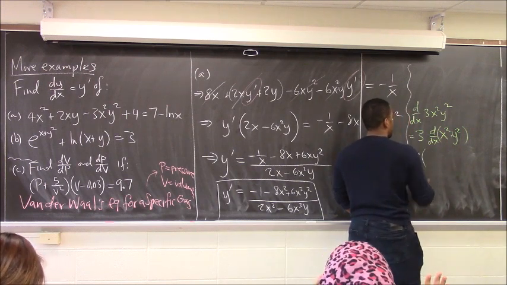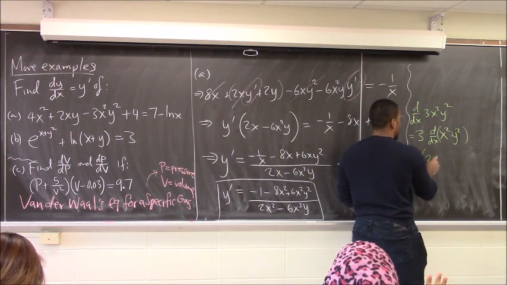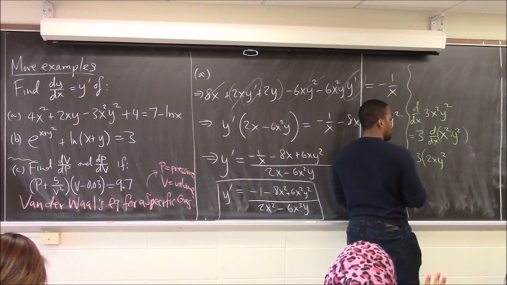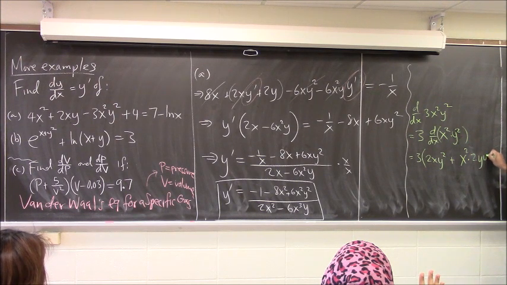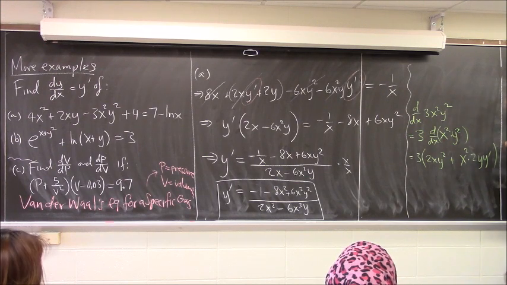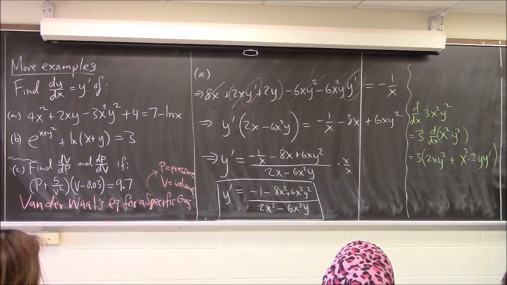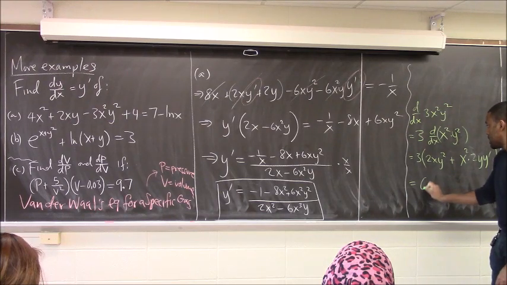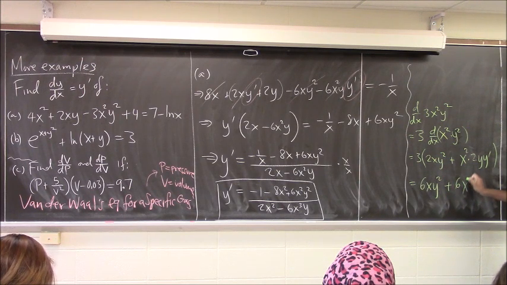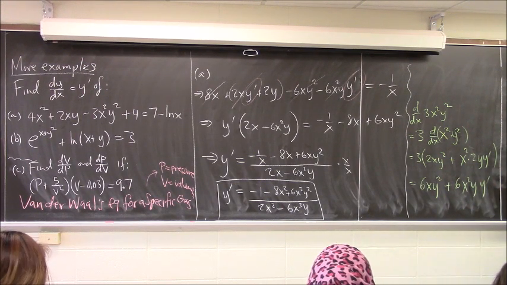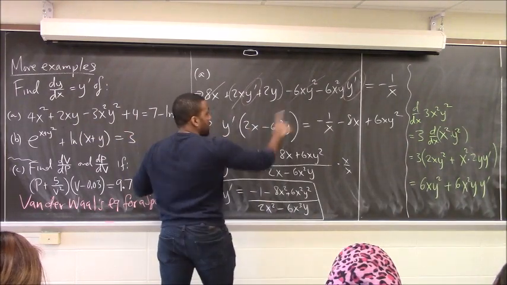So that's 3 times, differentiate this one, leave that one, plus now we leave the first one, differentiate the second one. The derivative of y squared is 2y prime, because remember, y is like a hidden function, like an f of x. So you have to do the chain rule: bring the 2 down, multiply by the derivative of the inside. And so ultimately when you multiply this out, you get 6xy squared plus 6x squared y prime. And then, because there was a negative sign in front of it, that negative gets distributed.